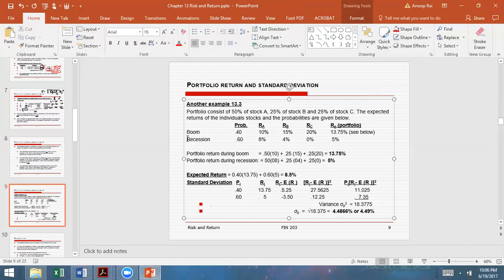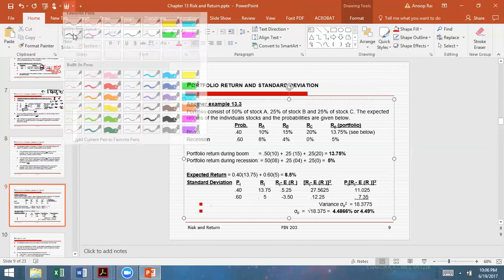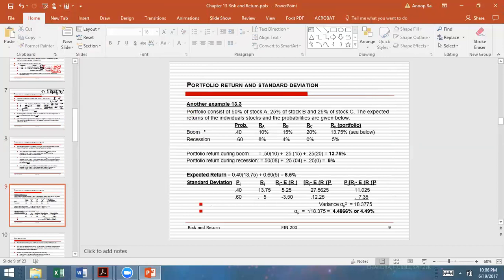Let's say there's a chance next year that there will be a 40% chance it'll be a boom and a 60% chance there'll be a recession. Look at what stock A does. 10, 8, 15, 4, 20, and 0.